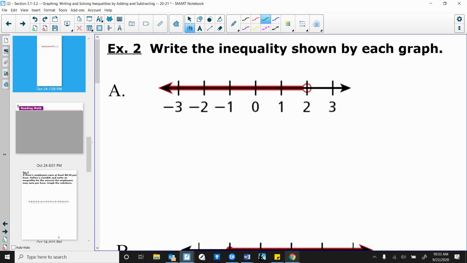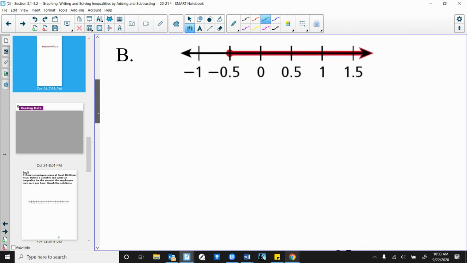Okay. Do we have an inequality for A? Cole, where'd you get X from? It's a variable. Yeah, just pick a random variable. X is less than 2. Do I put a line underneath? No. Why not? Because the dot is equivalent. B. Bella.